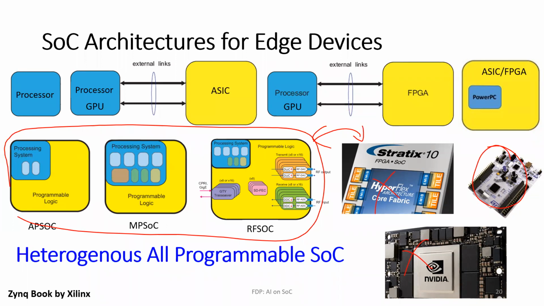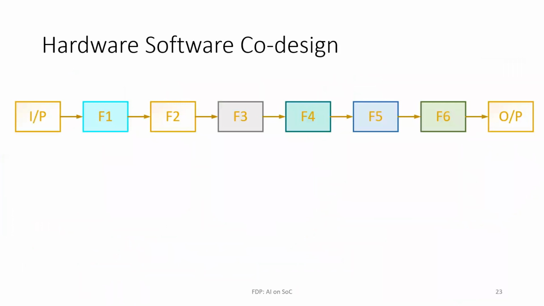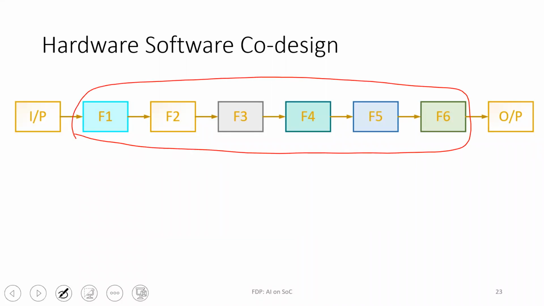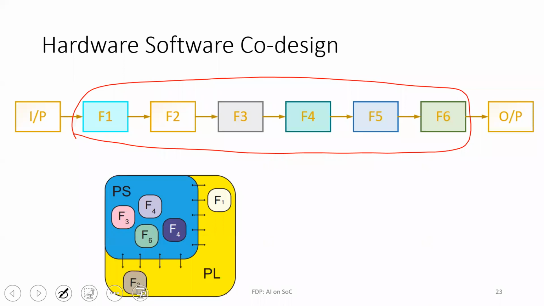So now we'll move to how the algorithms to architecture mapping is done. Okay, so as I told you, you have the algorithms which will consist of multiple sub algorithms or multiple sub blocks. For example, this is my algorithm where you have multiple operations to be done before I get the output. Now I want to implement this algorithm on the system on chip, where I have the dual core ARM processor.